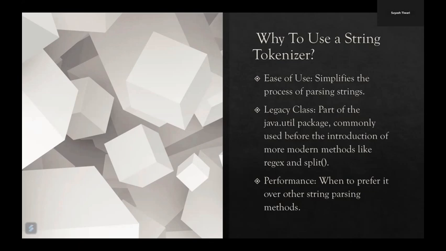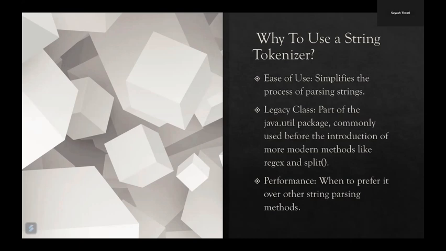The first point says easy to use, that is, it simplifies the process of parsing strings. The second one is that it is a legacy class, part of the Java util package, commonly used before the introduction of modern methods like regex and split.